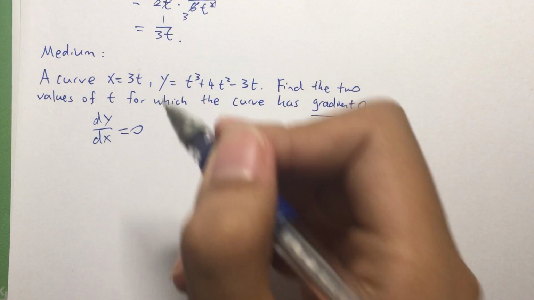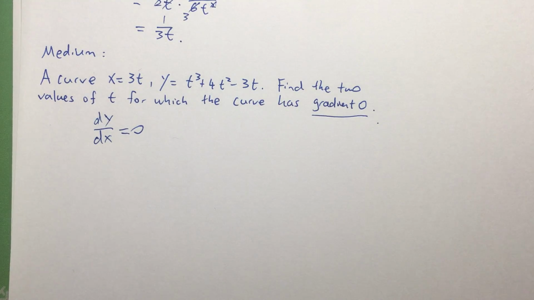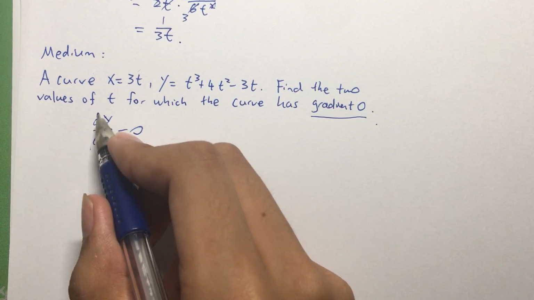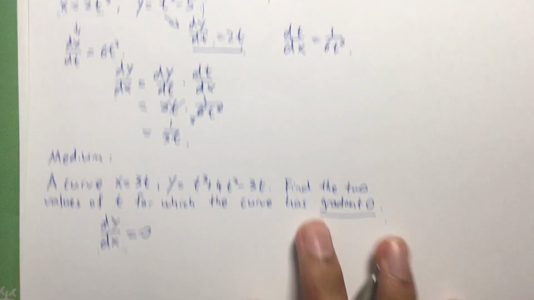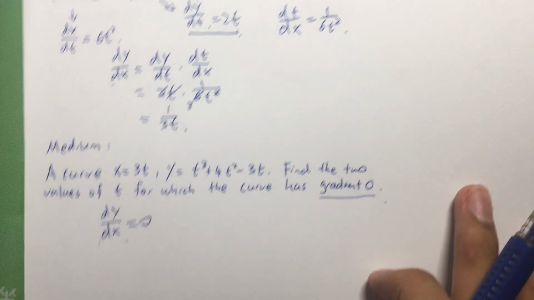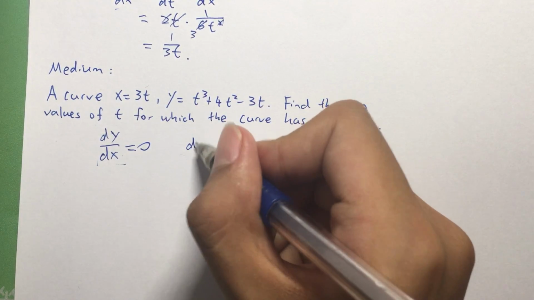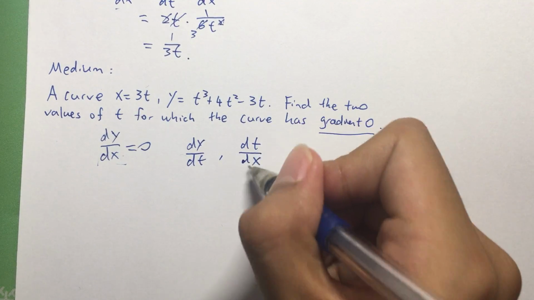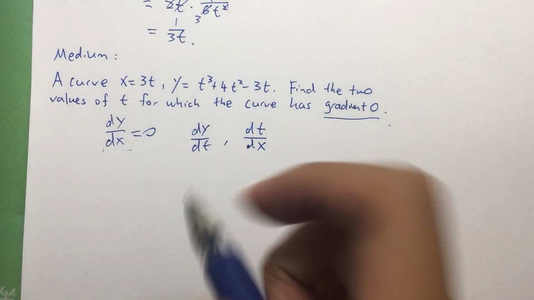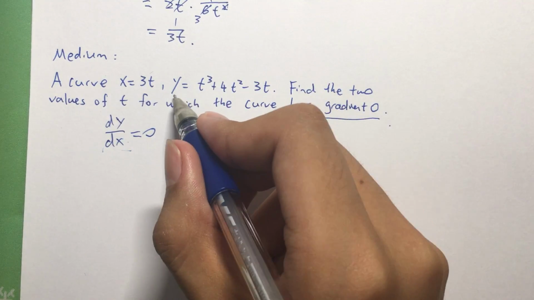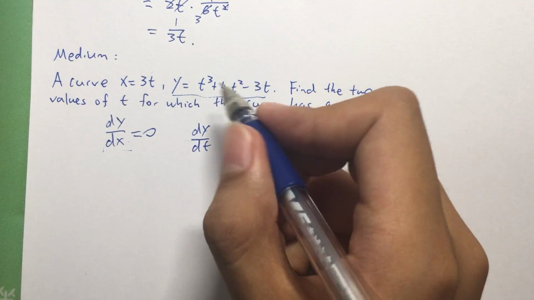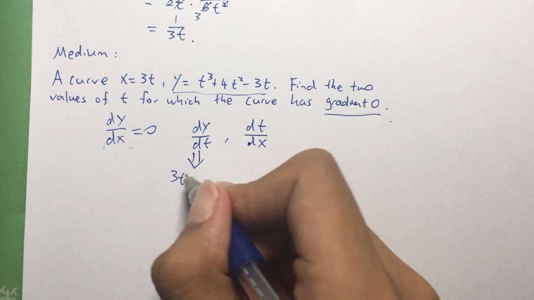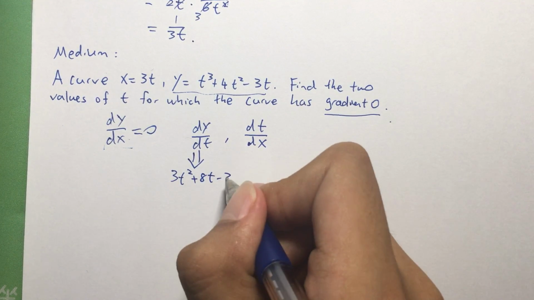We learned this before, and we have met it a couple of times now. So what we need to do is find dy over dx. According to this question, we should find dy over dt, and also dt over dx, so we can multiply them together. dy over dt is just the differentiation of this equation, which becomes 3t squared plus 8t minus 3.